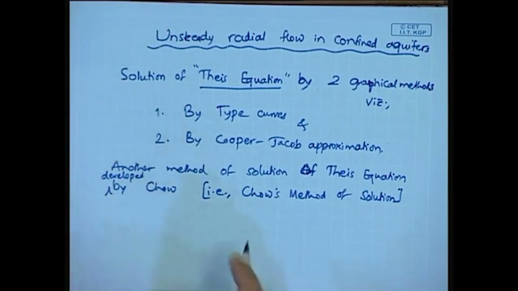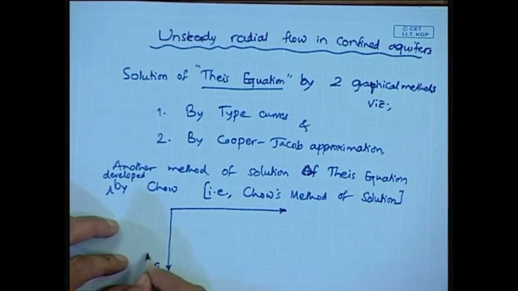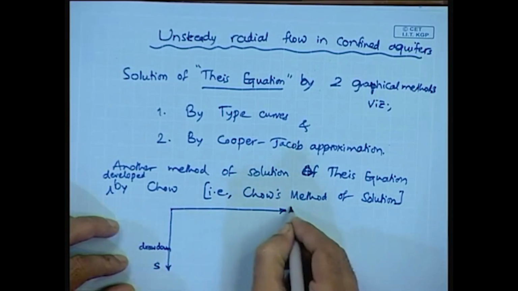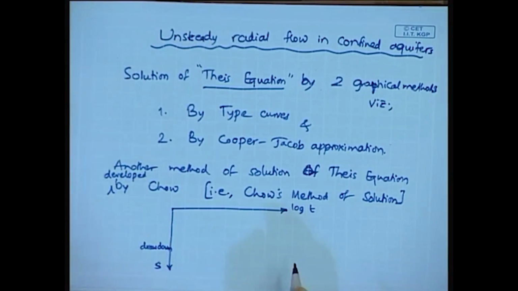So, this is drawdown s, and this is log of time t. Then draw a tangent to the curve at a chosen point and determine the drawdown difference delta S in feet per log cycle of time.